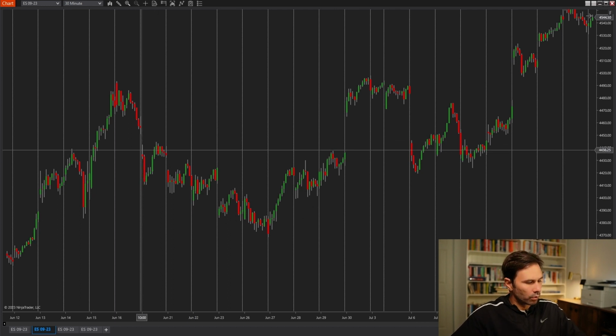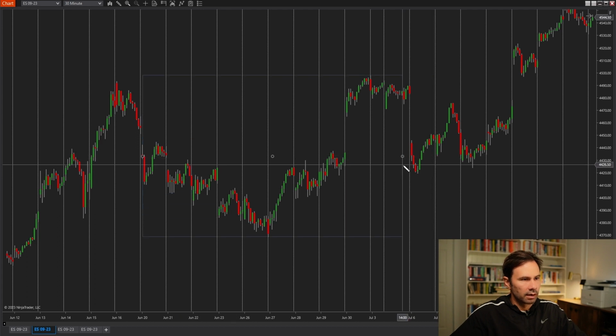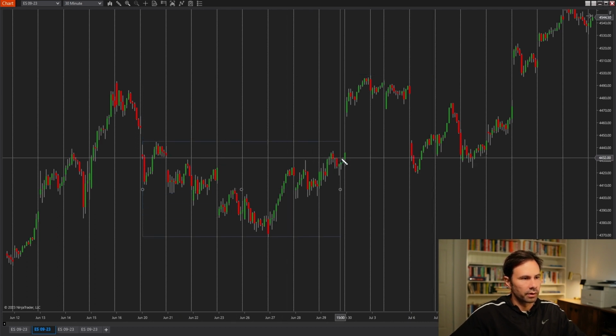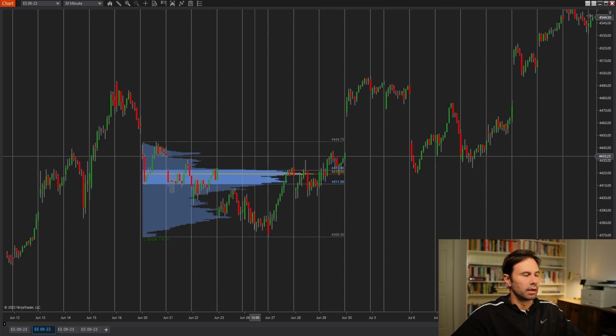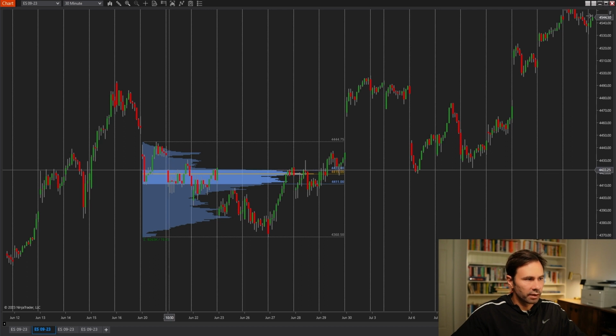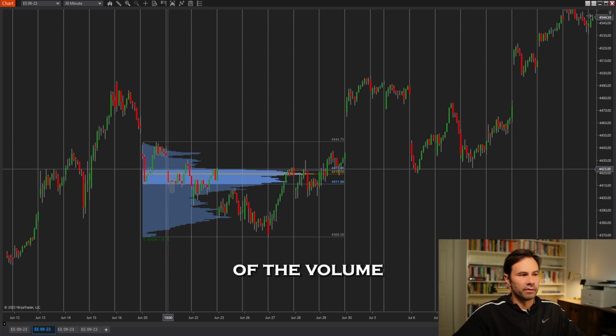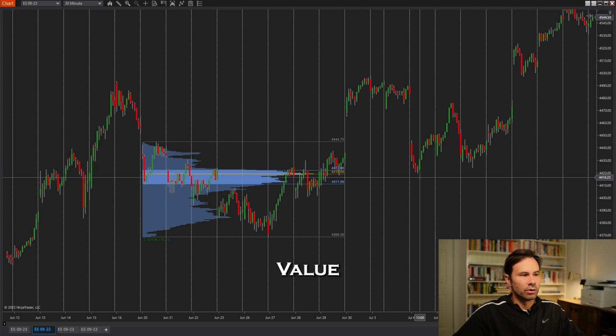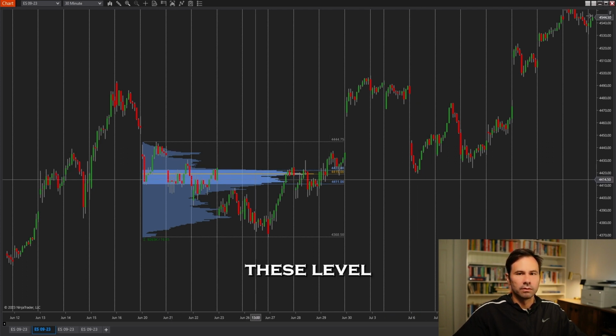So what I would do is put this right after the gap. Okay, my computer is going nuts. So I have the value area here. The majority of the volume was traded between these two levels, right? So value is around this level.